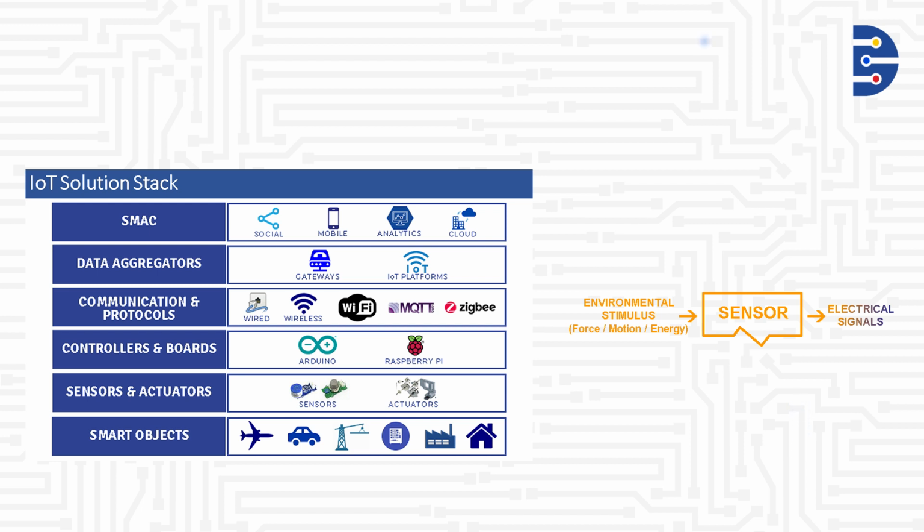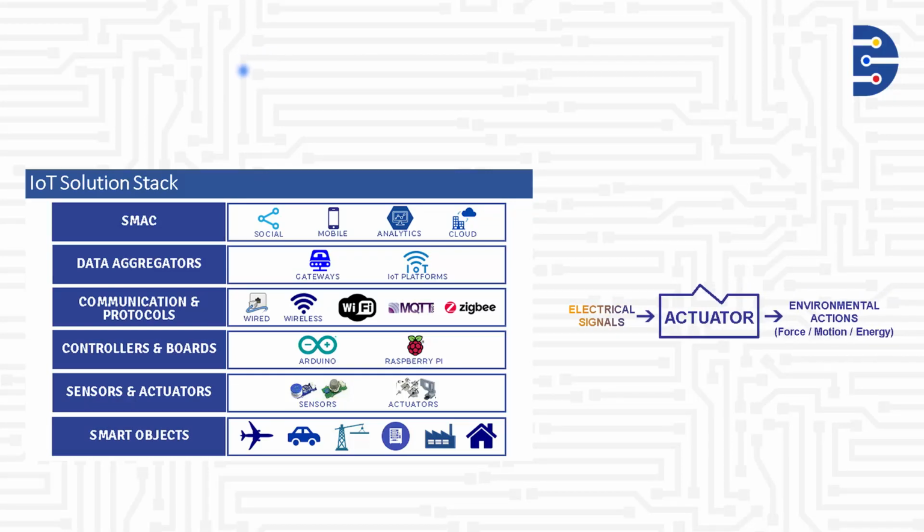The output is generally a signal that is converted into a human readable display at the sensor location, or it is transmitted electronically over a network for further processing. The actuator is the exact opposite of a sensor. It converts a signal, usually the electrical signal, to some action, usually a mechanical or a physical action like motion or force. This is what we define by sensors and actuators.